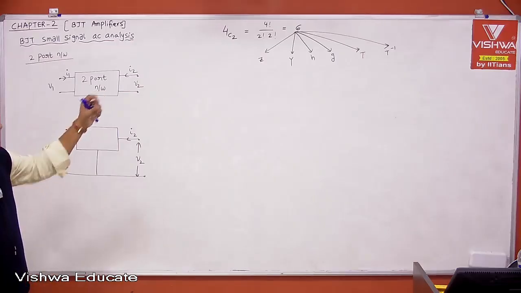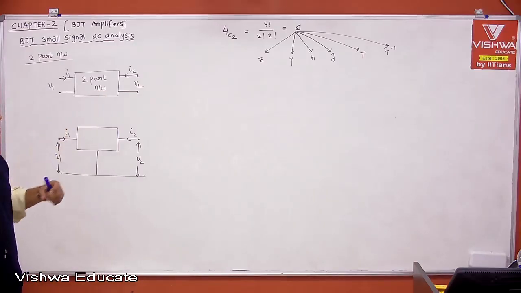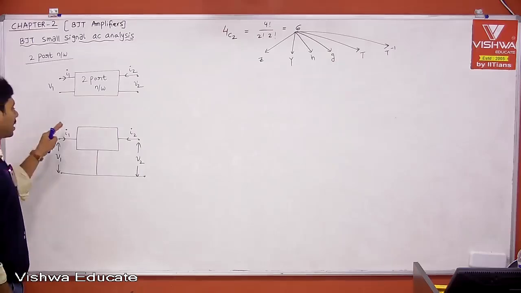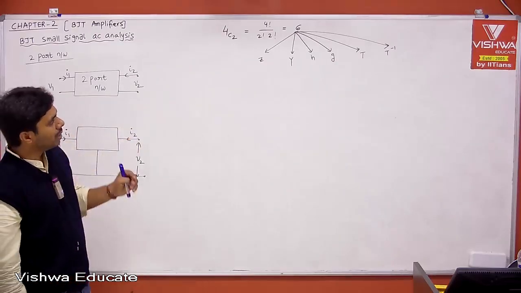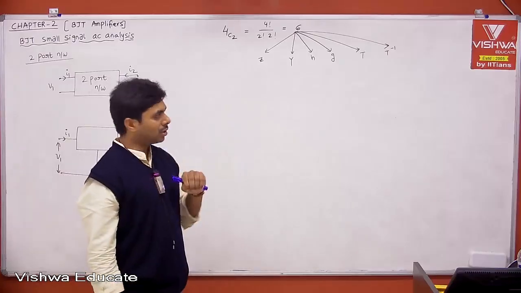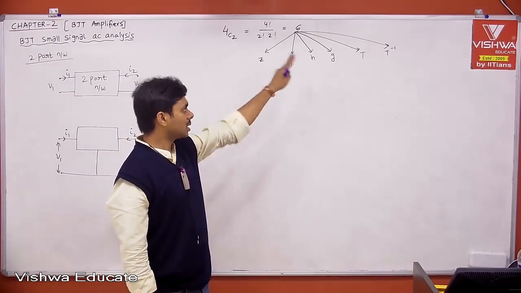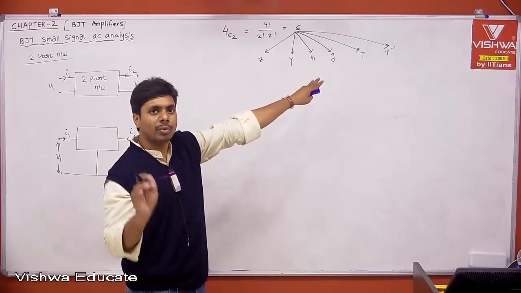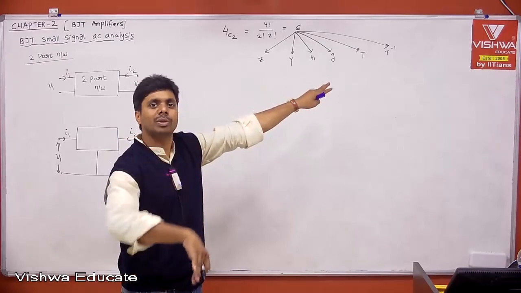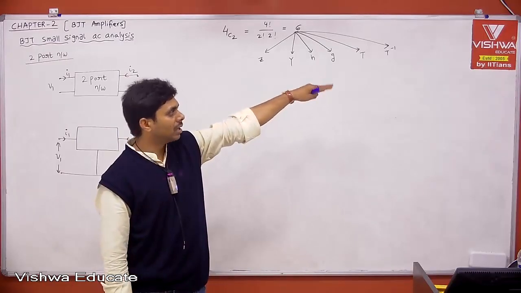Each combination has defined ratios: Z is voltage by current only, Y is current by voltage, hybrid is mixed, and the reciprocal of that is G, then T is input port to output port, and T inverse is output port to input port. That is like the Nuttall loss, etc.